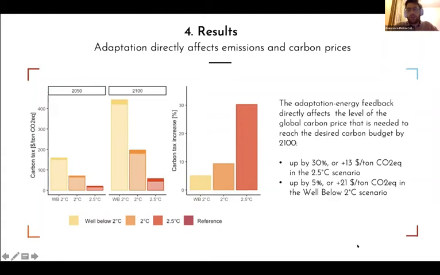So we have a 30% increase corresponding to roughly $13 per ton of CO2 equivalent at the end of the century, while the increase in the well below 2 degree scenario is relatively lower in terms of the percentage. It's just a 5% increase, but that's still roughly $20 per ton of carbon additional to the value of the carbon tax at the end of the century.